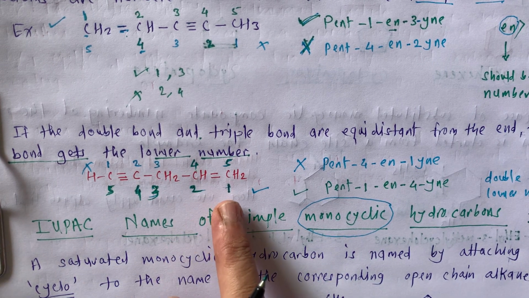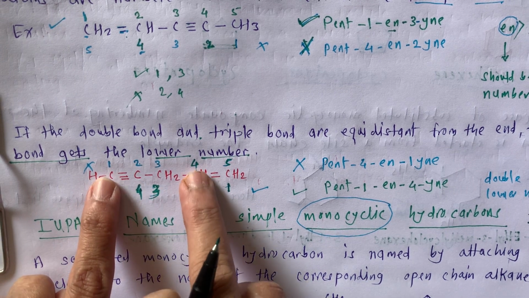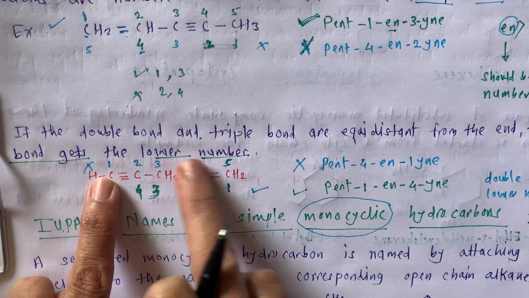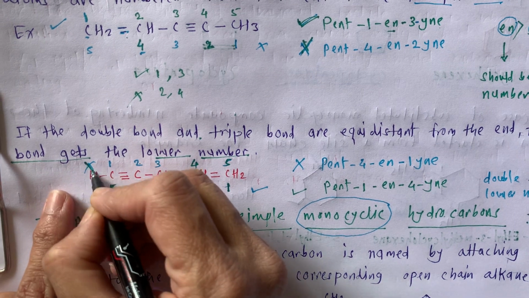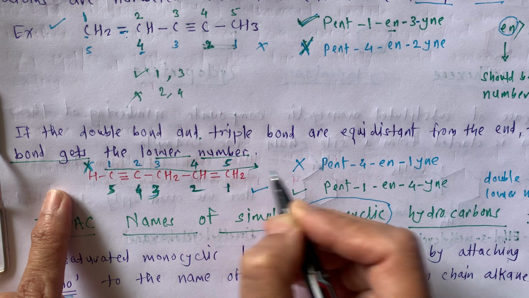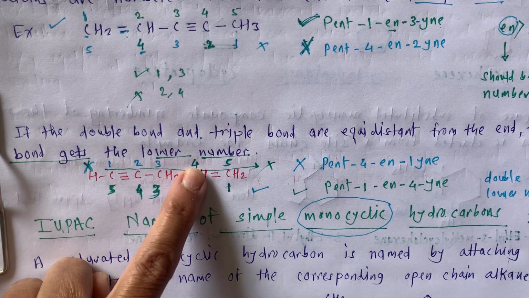Now here, see, from this end, this double bond comes on the fourth. And what is our rule? Double bond gets the lower number. So we should not select numbering of the chain in this way, because the double bond comes on the fourth carbon atom.